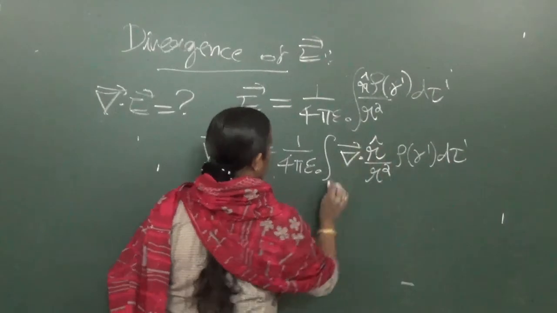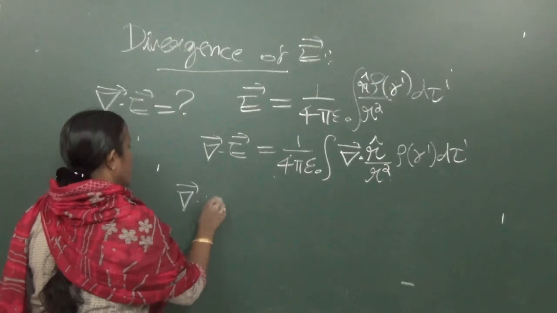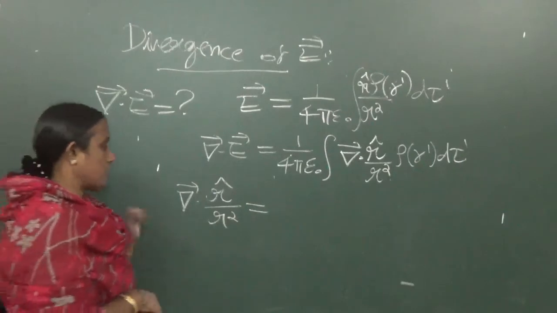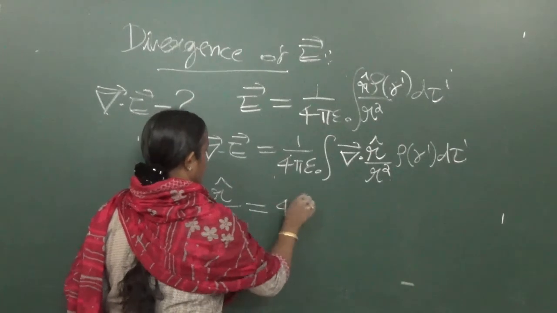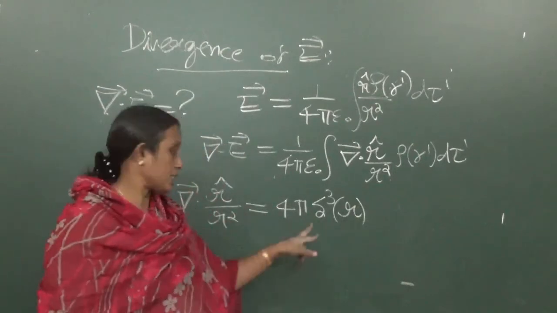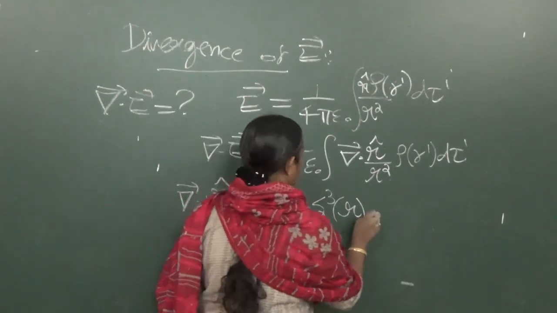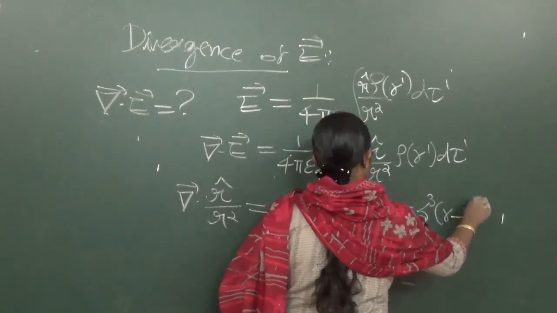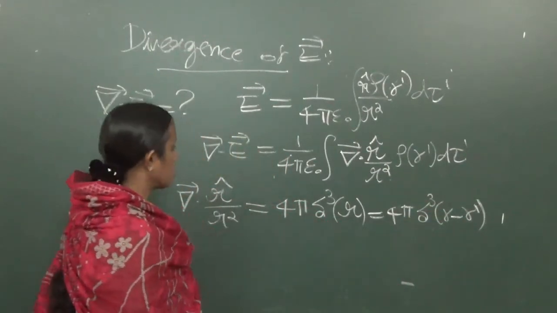Now we know that this operation, del dot R cap by R square, gives us 4 pi del cube R, where this del cube represents the three-dimensional Dirac delta function, and here you can write this as 4 pi del cube R minus R prime.